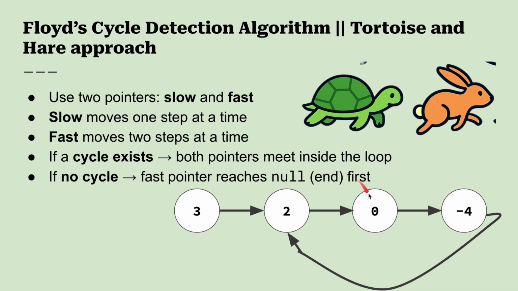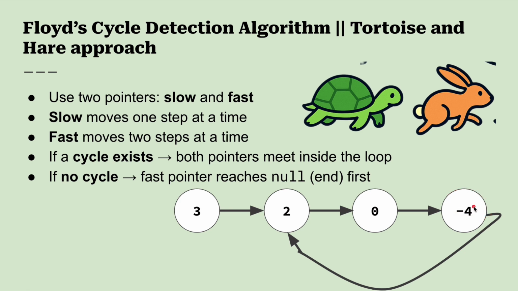When the tortoise reaches here, the hare is already here. Now it will not stop here, it will come back around the cycle. As the hare reaches here, it jumps to this index, and then both will meet here.